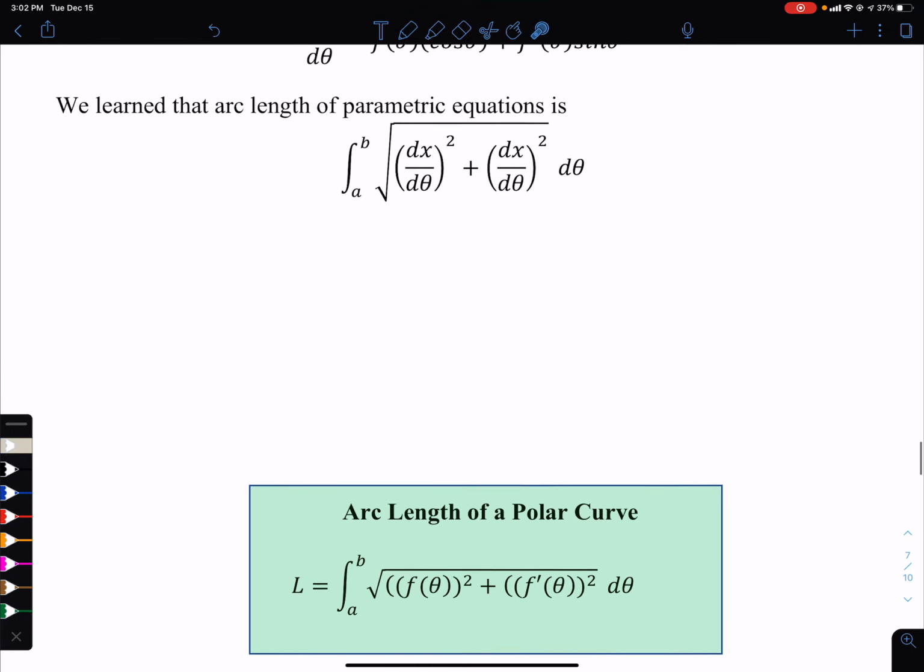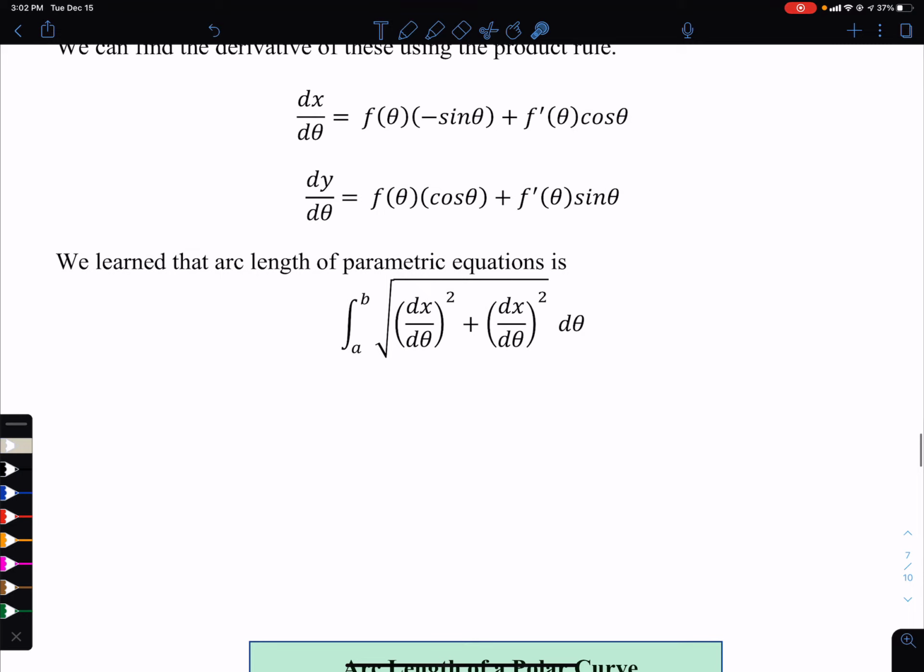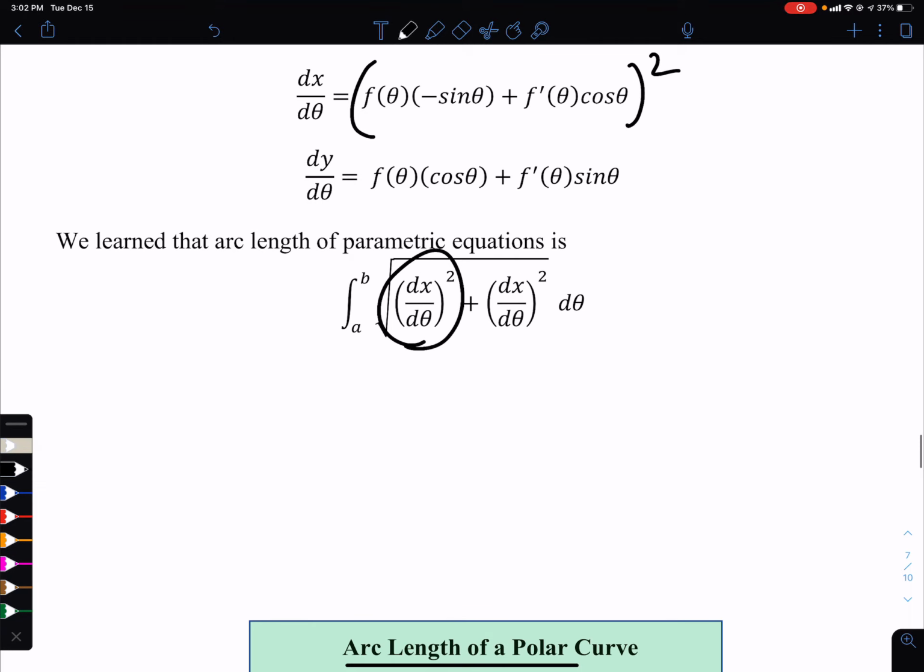Now, I'm going to show you this. You can memorize this simplified formula, but I'm going to find dx d theta squared. So I'm going to square this. So that's going to get f squared sine squared plus 2 f of theta, f prime of theta.